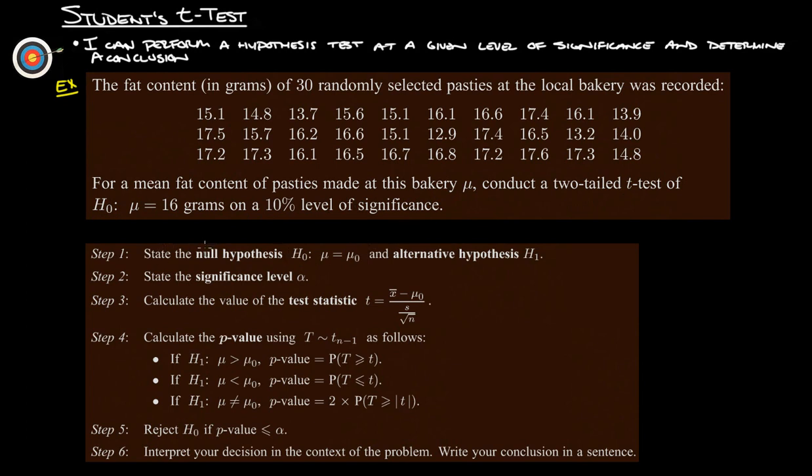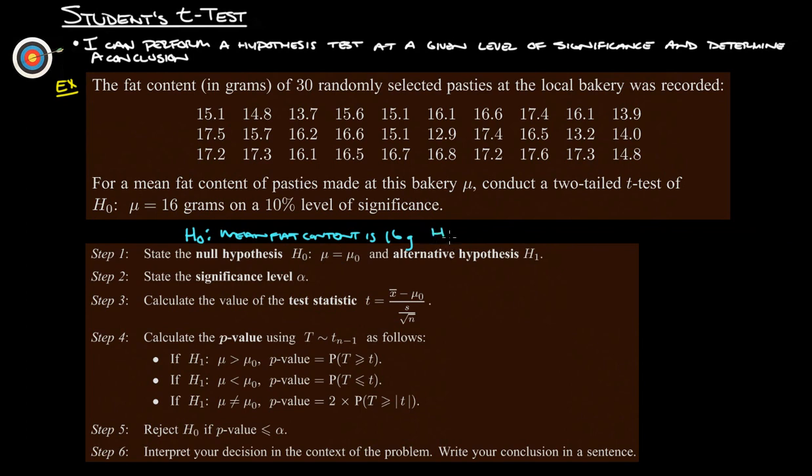So, step one, null hypothesis. H0 is going to be that the mean fat content is 16 grams. So basically what they're claiming. Mean fat content is 16 grams.